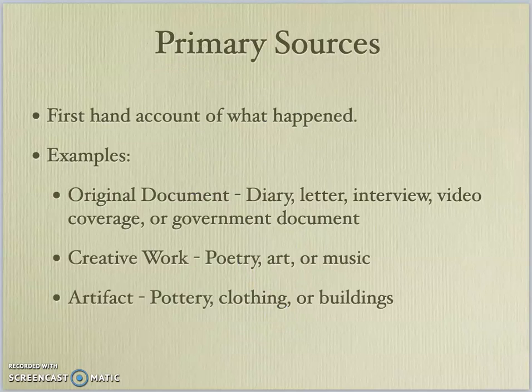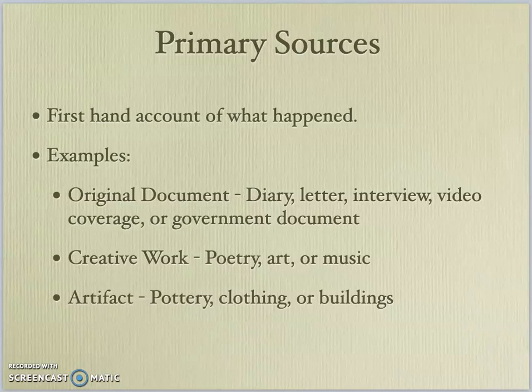Primary sources are a first-hand account of what happened. So this is something or someone that was there, okay? Now, a lot of times when we think about primary sources, we think of things like a diary or a letter or an interview or a video, like live video coverage, or even a government document. But the thing is that primary sources can be other things as well.